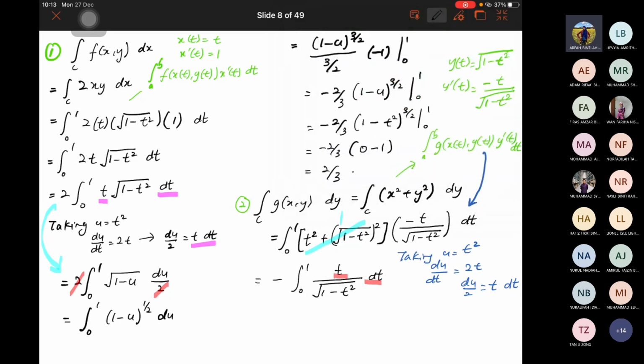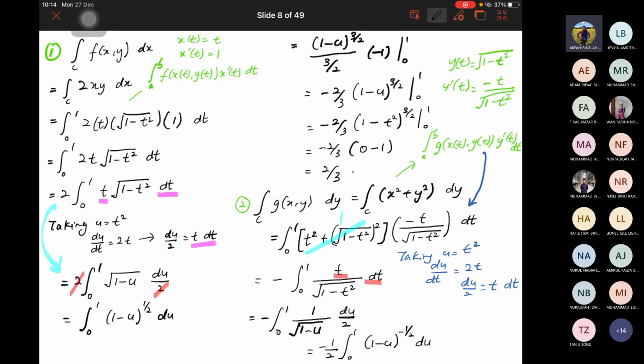Okay. So it will be negative 0 to 1 1 per set 1 tolak u du per 2 sama dengan negatif 1 per 2 0 to 1 1 tolak u kuasa negatif half du.